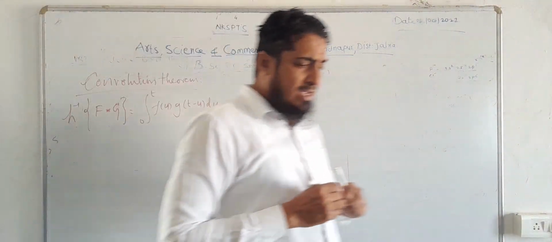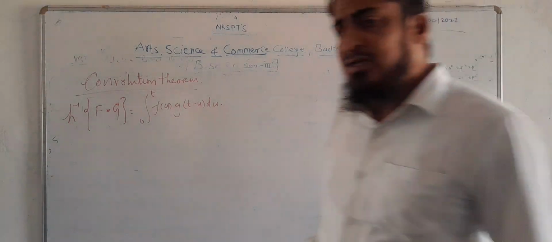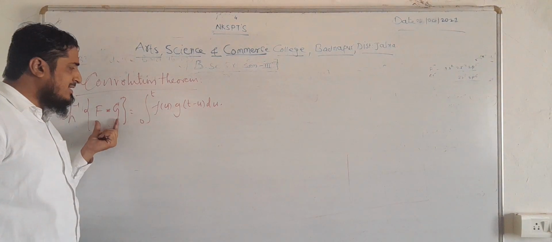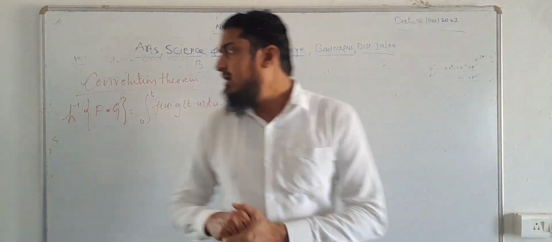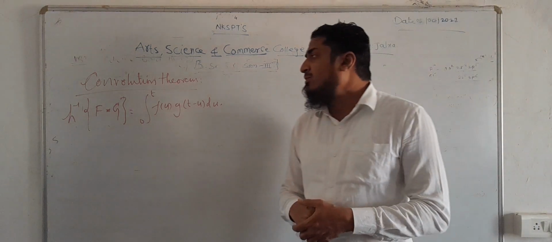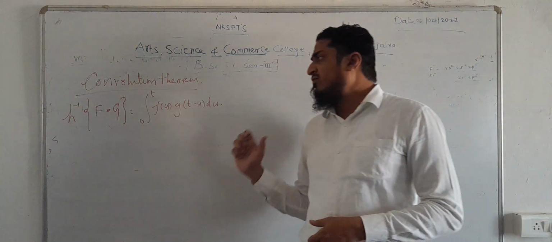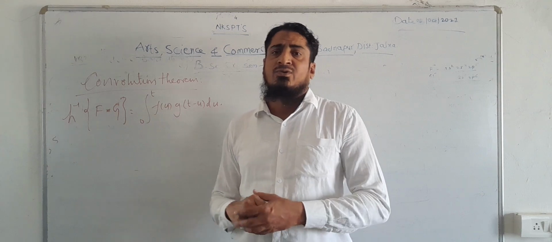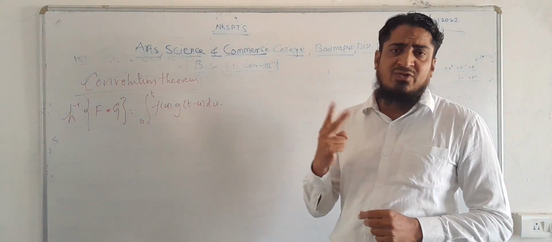It is the formula to solve when two functions are in multiplication and they ask us to calculate the inverse Laplace transform. If two functions are given in multiplication, we cannot distribute the inverse Laplace transform to each function directly. So if we want to calculate the inverse Laplace transform of such a function, we have two different methods.